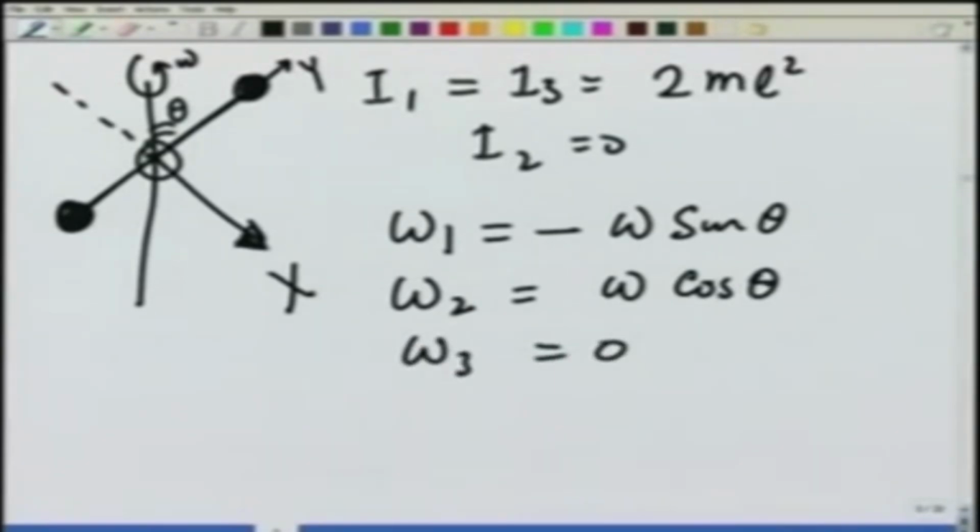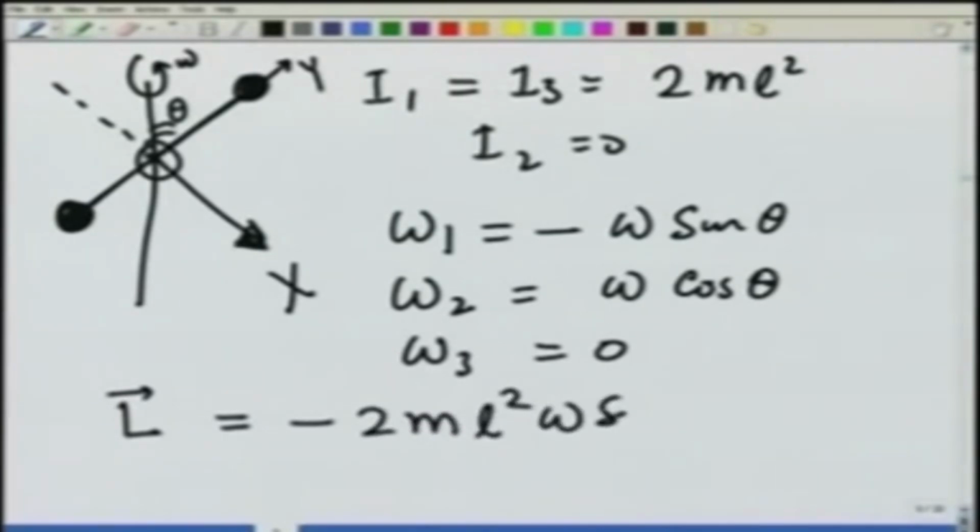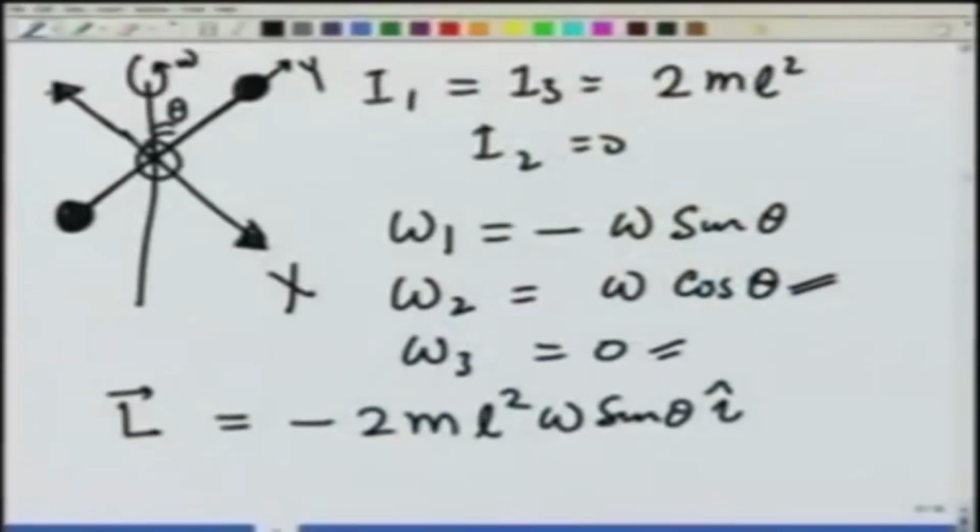Therefore, L is I1 omega 1, which gives me minus 2ml square omega sine theta i, and the other two are 0, because I2 is 0 and omega 3 is 0. So, the angular momentum is in this direction at this point. At this time, it is in this direction. As the body rotates, it will also come out of the plane. It will come out and go in again like this.